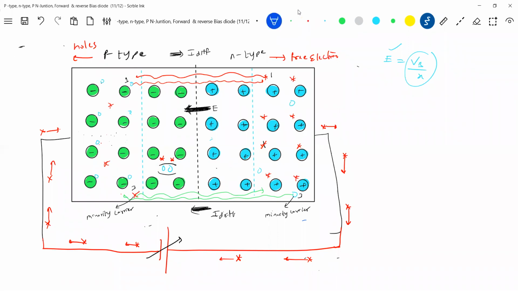I'll show it in some other color. Agree with this. And what about the hole? The hole will flow here. And now the covalent bond can break up here also. Not only there, it can break up here also. Let me show it, covalent bond. There are no free electrons.